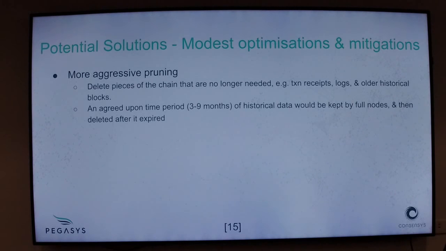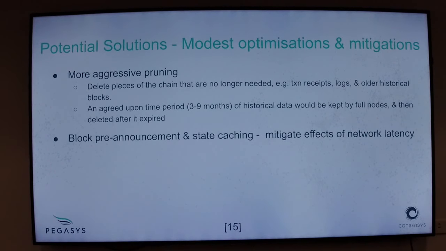But there needs to be an agreed upon time, say 3 to 9 months, of historical data to be kept by the full nodes, and after that it is deleted after it expires. These are all things that have been considered, but stateless has come out the other end as the preferred solution. I'm just putting this here to give you a picture of what people thought about. It's not just that someone woke up and thought stateless.